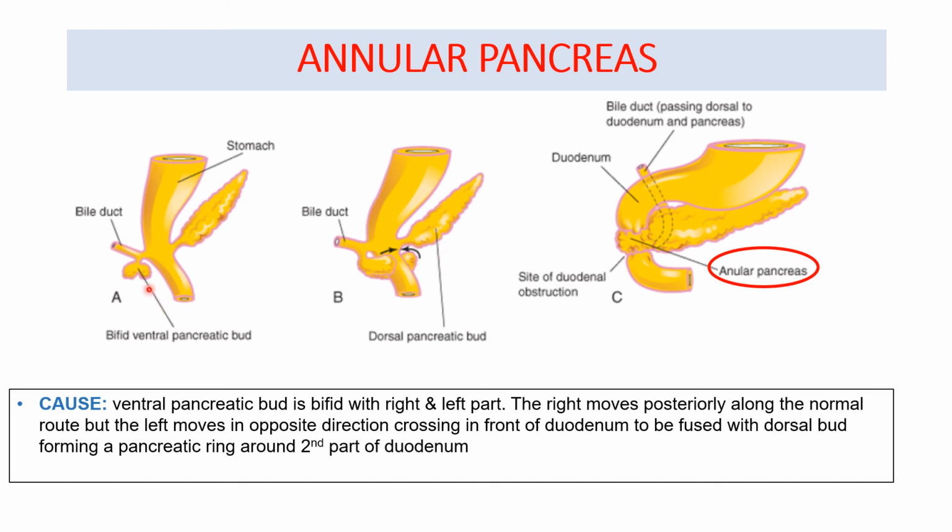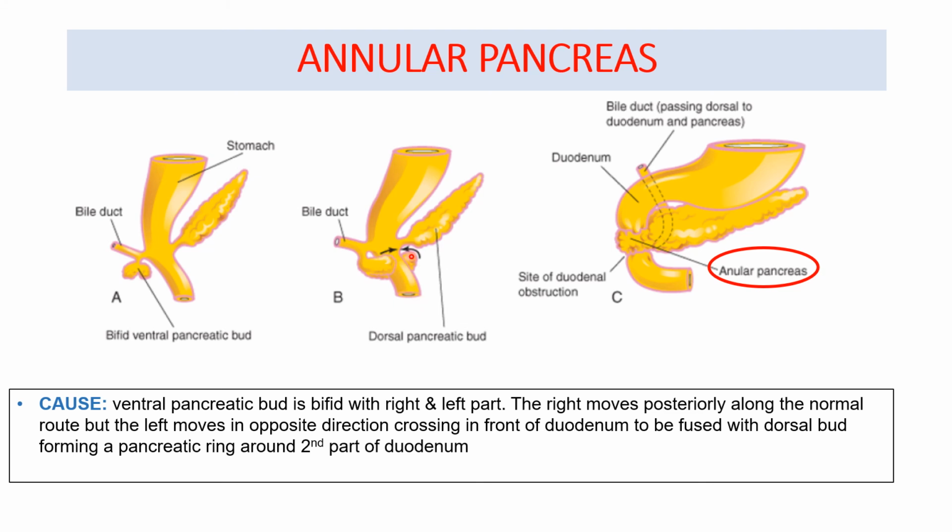But because of the bifid ventral pancreatic bud, one bud is right and one bud is left. The right bud moves posteriorly, just like its normal course, but the left bud moves in the opposite direction. You can see the two buds are moving in opposite directions and they are encircling the duodenum.